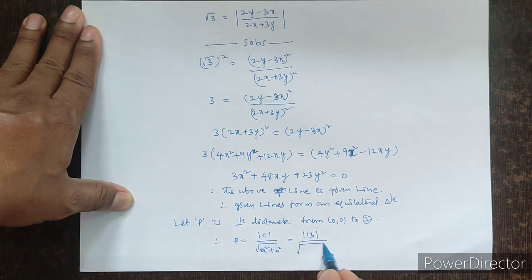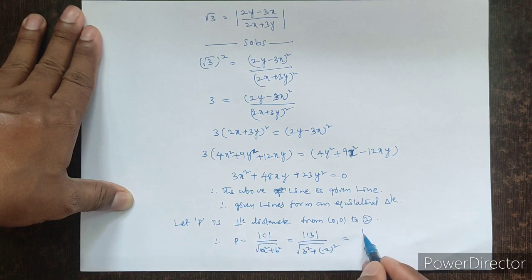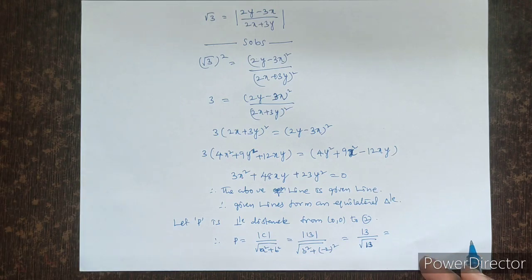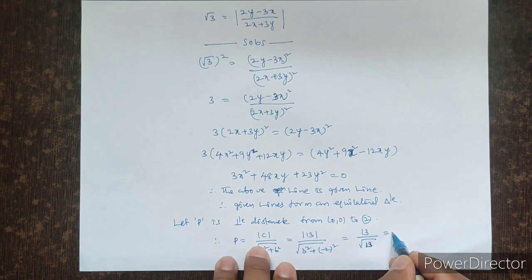So modulus 13 by root of a square, the coefficient of x, that is 3 square, plus b square, the coefficient of y, minus 2 whole square, equal to 13 by root of 9 plus 4, which is root 13. This is root 13.